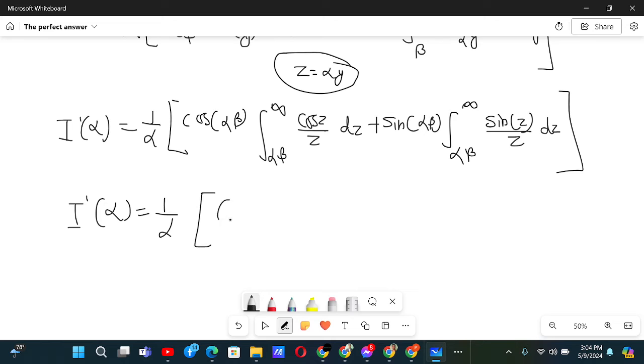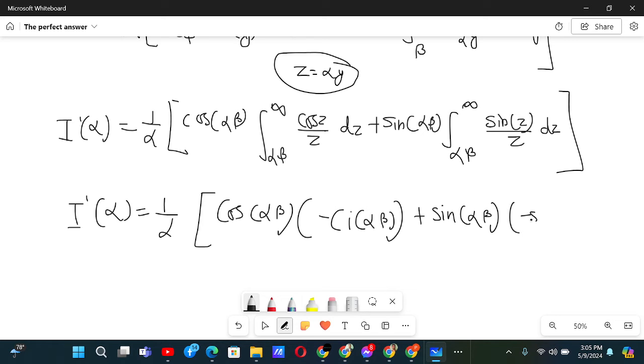Yes, and then cos of alpha beta, this will basically be minus Ci of alpha beta. Yeah, and then next is plus sine of alpha beta, this will be minus Si of alpha beta.